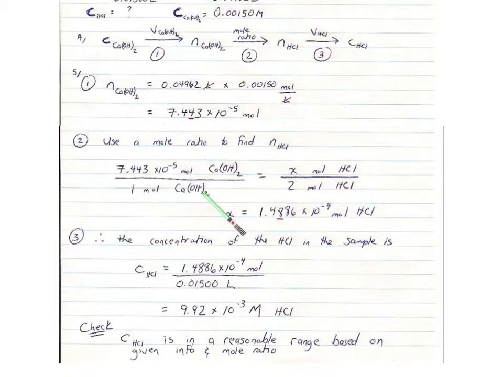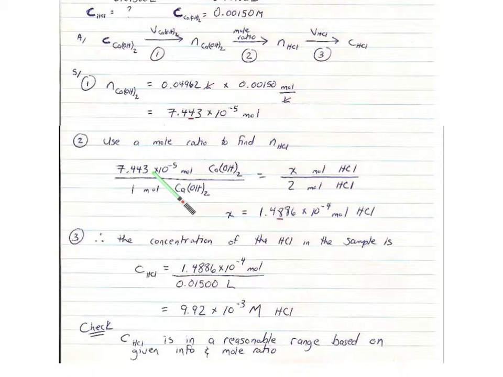Again, in the end, it really makes no difference, as long as when you are setting up your ratio, the information from the equation is either both on the same side up and down, or both on the bottom part, or alternatively you could put both pieces on the top. But I've got for every 1 mole of calcium hydroxide, I need 2 moles of hydrochloric acid.